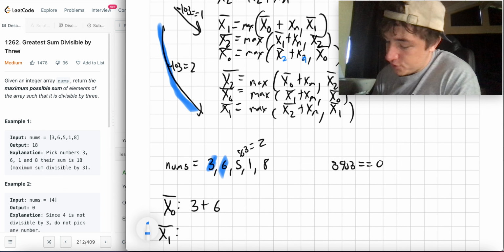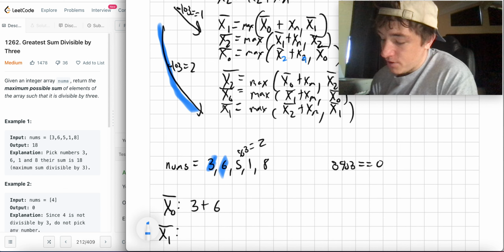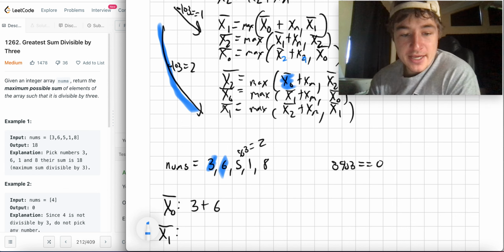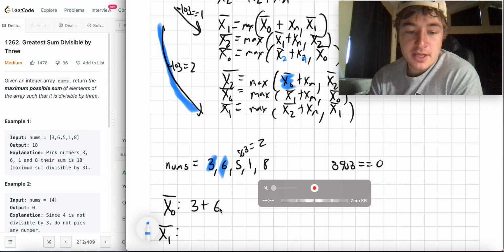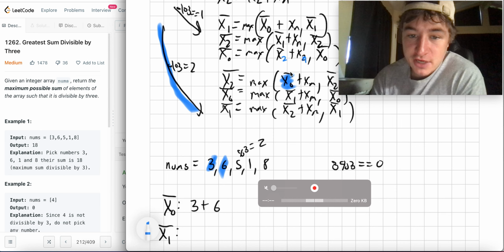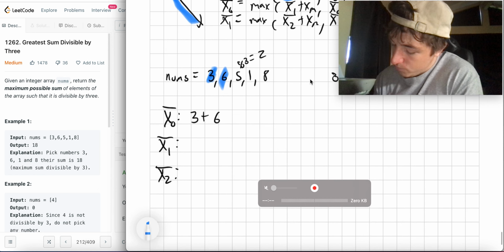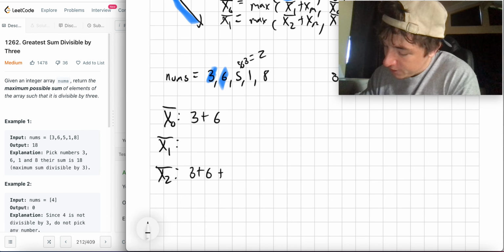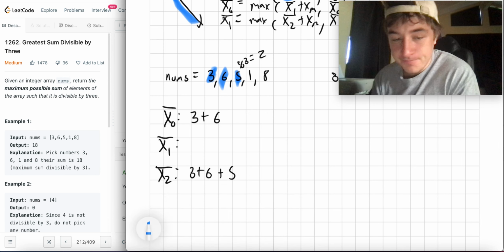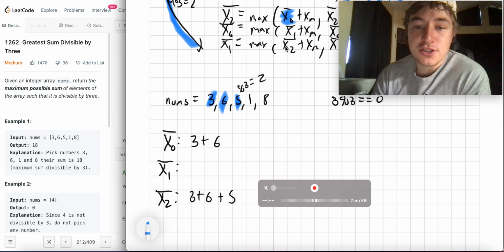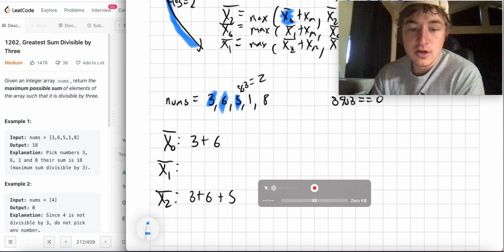Now, since it's mod 3 equals 2, we can add ourselves to x0, because x0 is something mod 3 equal to 0, so adding 2 would mean we can just add ourselves to that system. If we take something that's mod 3 equals 0 and add something that's mod 3 equals 2, like the 5 we're looking at, now the system will be mod 2. In order to be mod 1, we'd have to add it to x2. But there was no x2 when we added it in, so we can't add it here.